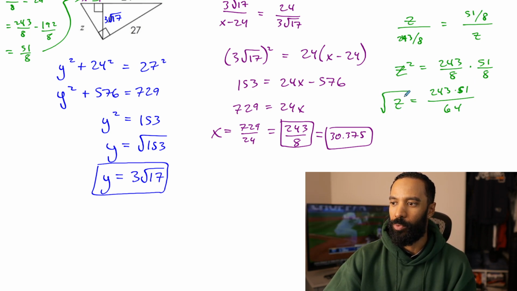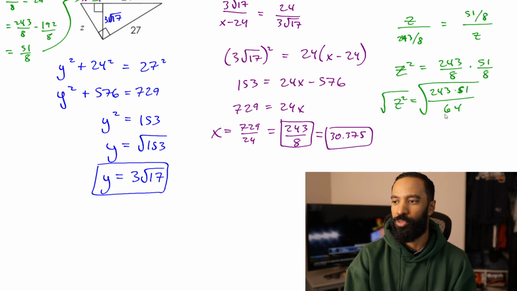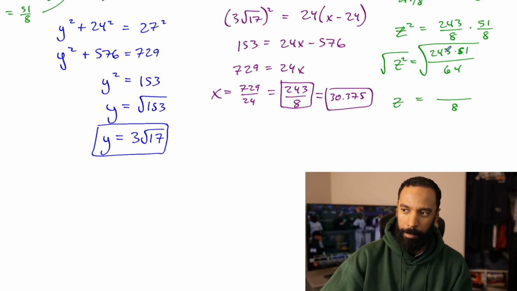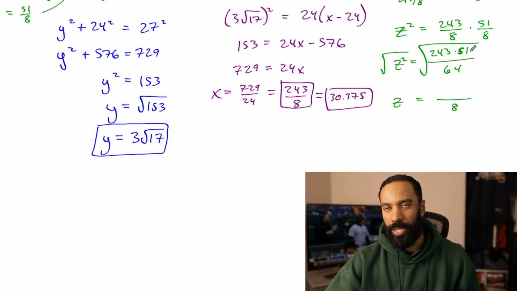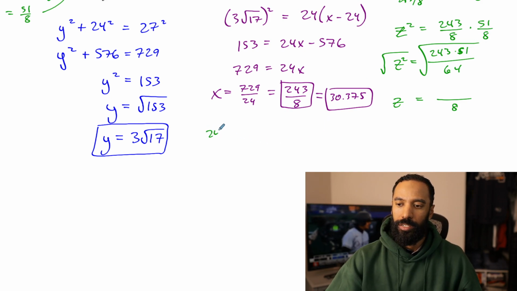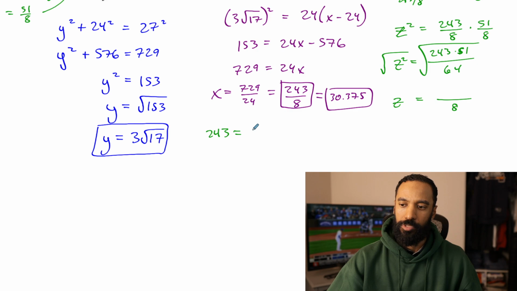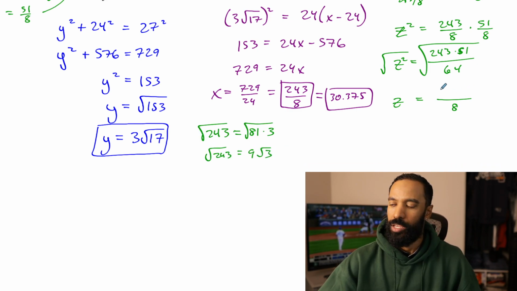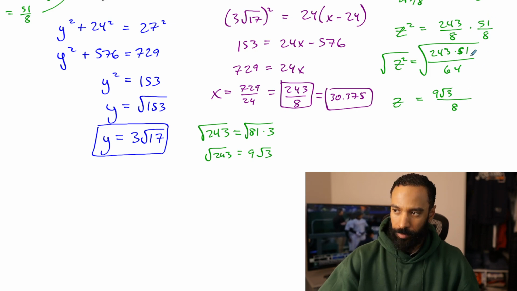If I take the square root of both sides here, I know on the bottom I get 8. But on the top, 243 is 81 times 3. And that means root 243 is 9 root 3.